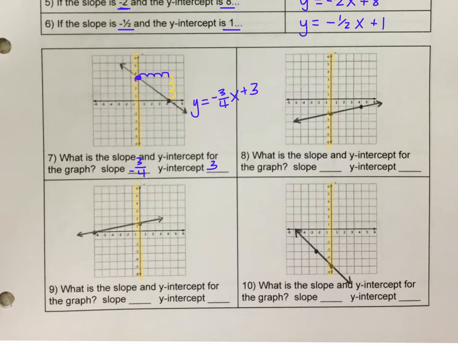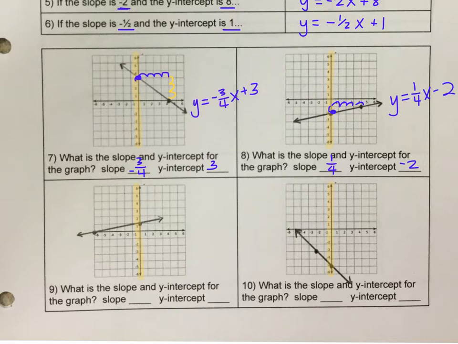Let's do this next one. Our slope, we're going to rise 1. We're going to run 1, 2, 3, 4. And where my line crosses the yellow line is crossing at negative 2. So y equals 1 over 4x minus 2.